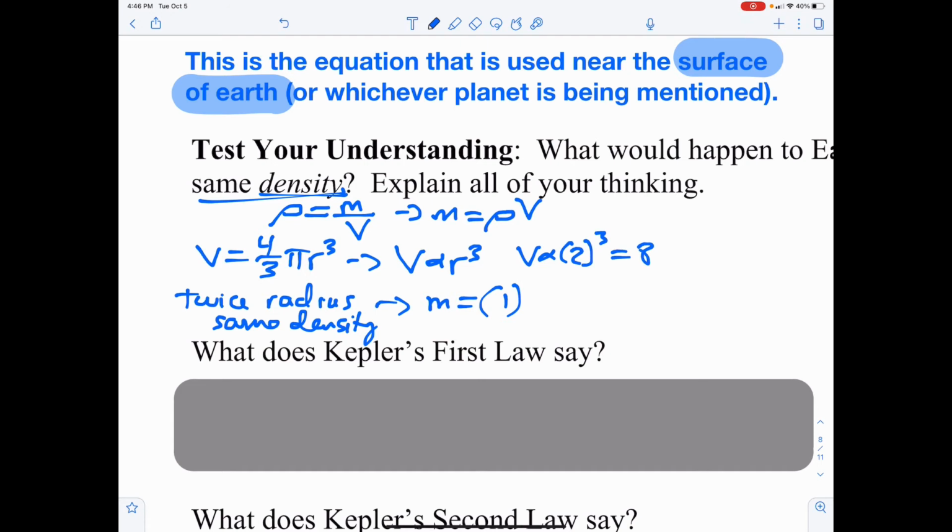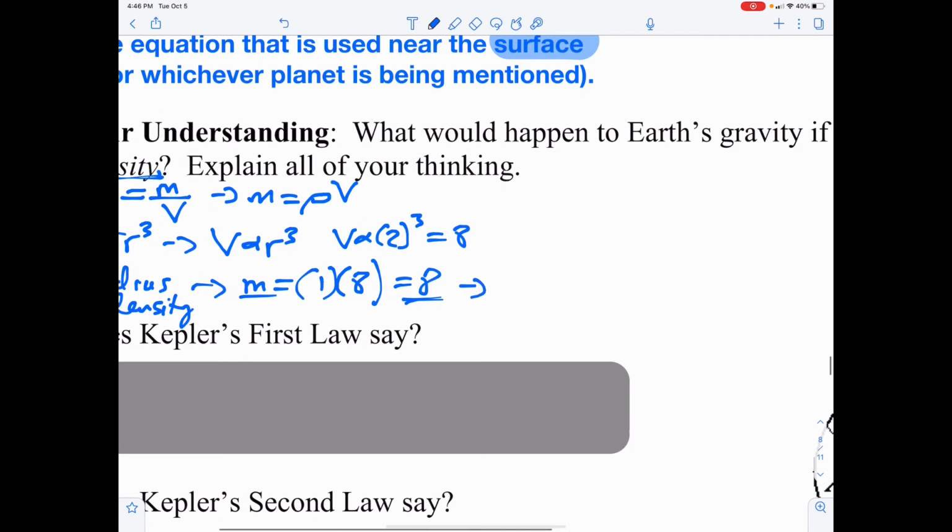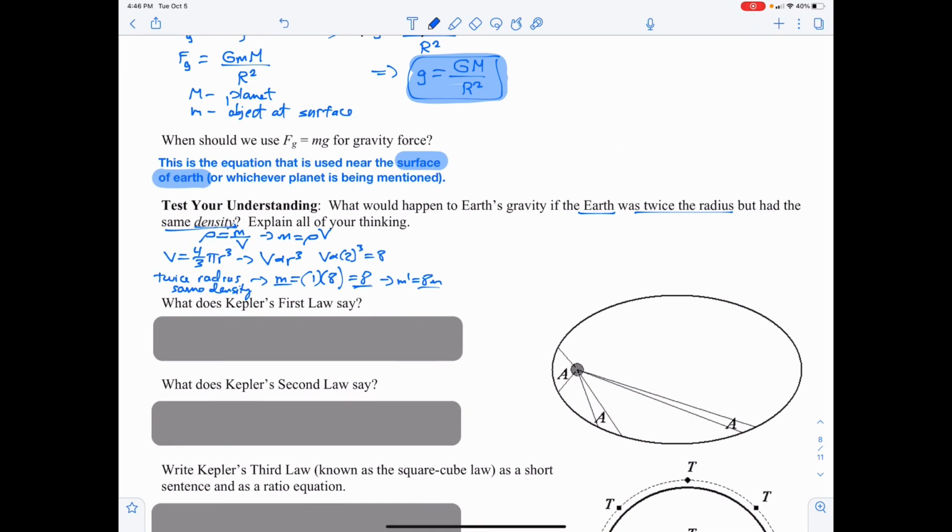So if we double the radius, the volume actually increases by 8 times more, which means the mass is 8 times more. So the new mass is 8 times the original mass. So if we were to double Earth's radius, the volume octuples, right? Fancy word for 8 times greater. And the mass also is 8 times greater.